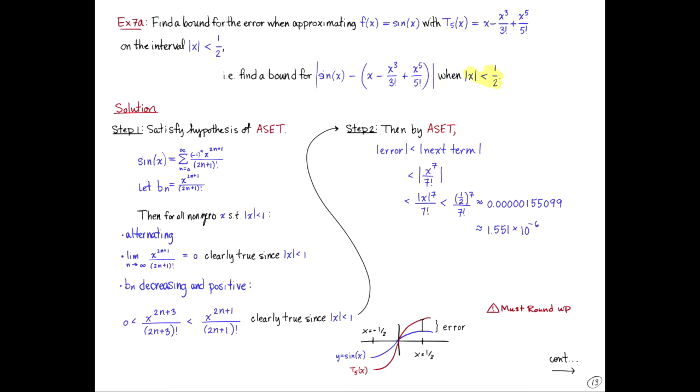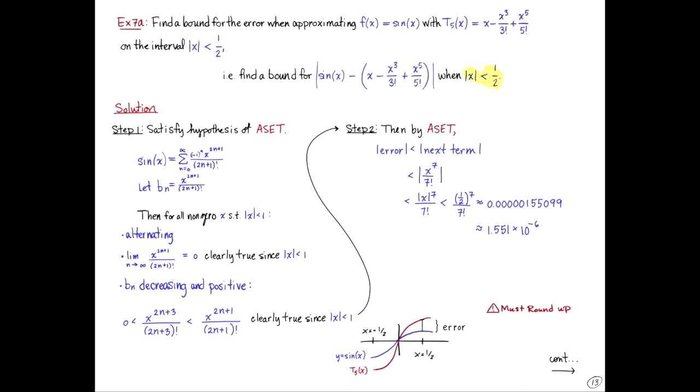Same as before, you always have to round up because we're looking for a guarantee. We absolutely can guarantee that the error is going to be less than 1.551 times 10 to the -6th as long as our x remains within that interval from -1/2 to 1/2.